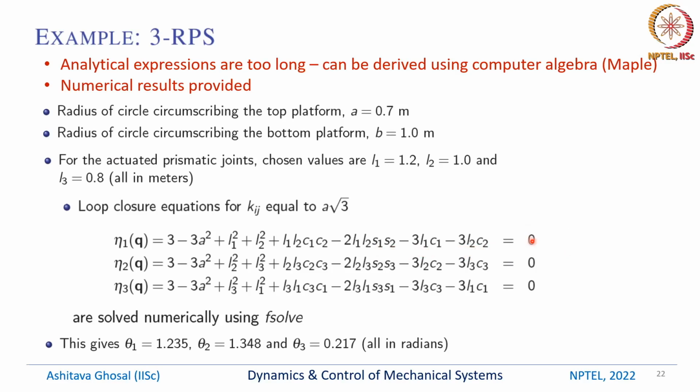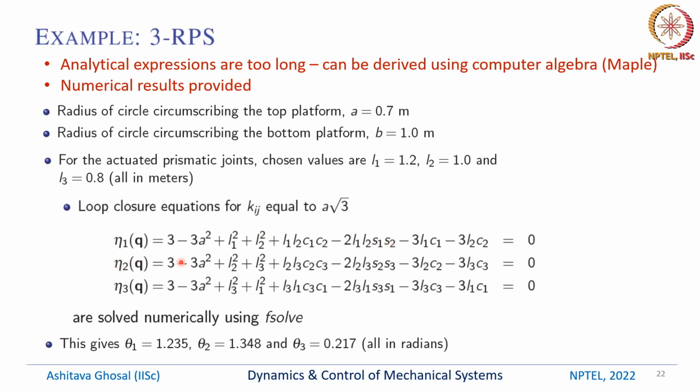This is equal to 0. So as expected, the first equation contains only L1, L2, theta 1 and theta 2. So C1 here means cos theta 1, C2 here means cos theta 2, S1 is sin theta 1, S2 is sin theta 2, and so on.